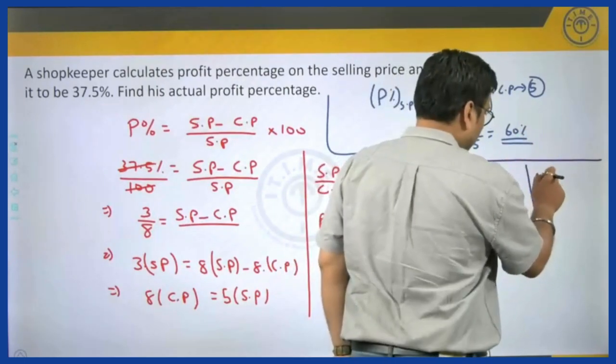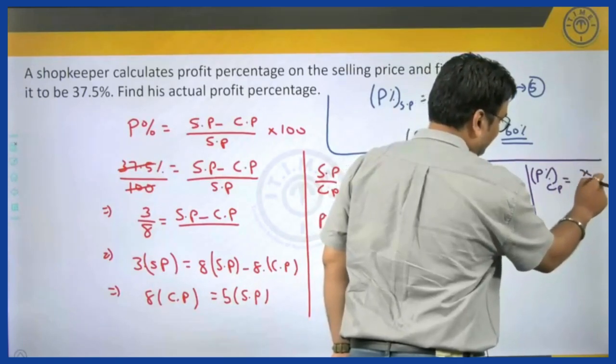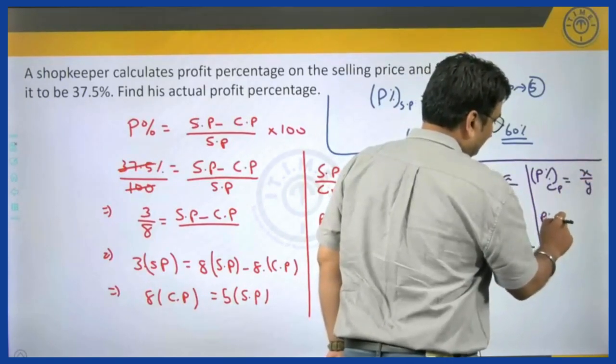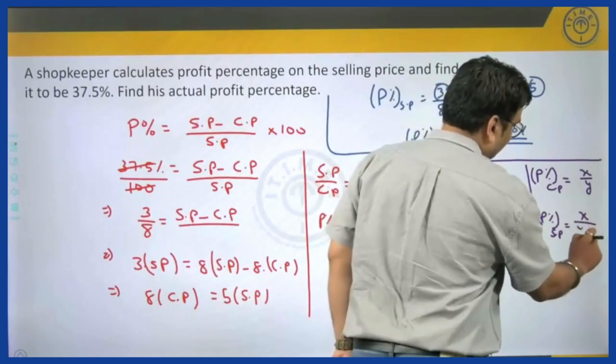Similarly, if profit percentage on CP is given to be some X by Y, now directly profit percentage on your SP can be calculated as X upon Y plus X.